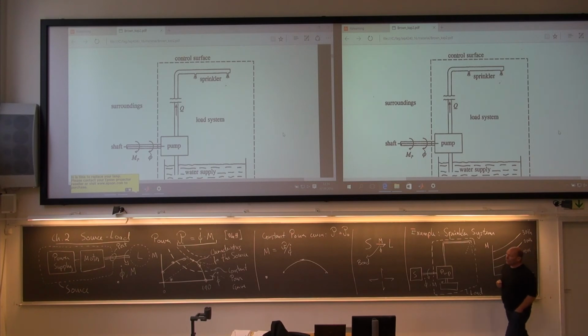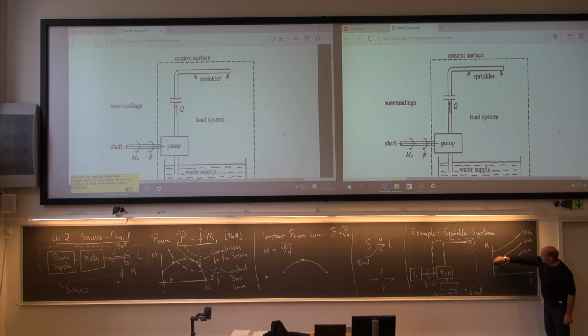Okay, then we take our characteristics from the source, we take this curve, and we draw it inside the same figure. And say we start here, go up and down.